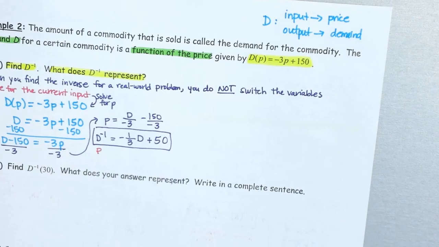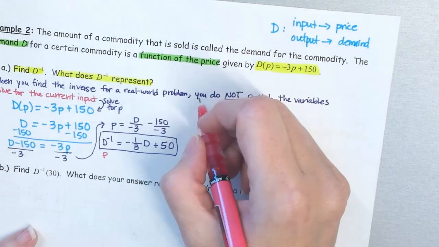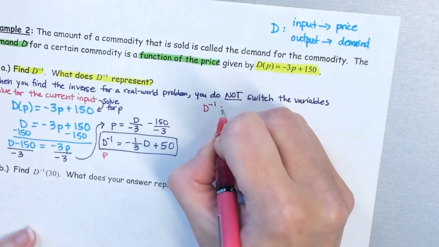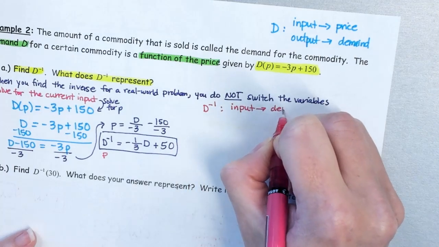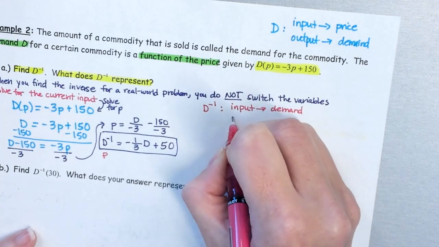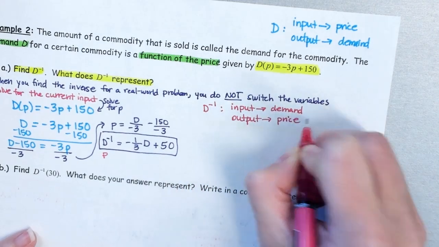Okay, so whenever you're finding the inverse, the input and the output are going to switch. Okay, so for the inverse, the input is the demand, and the output is the price.